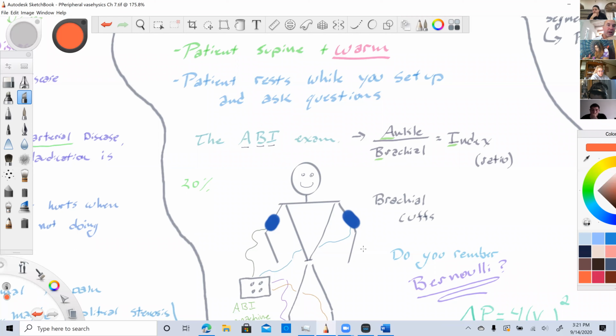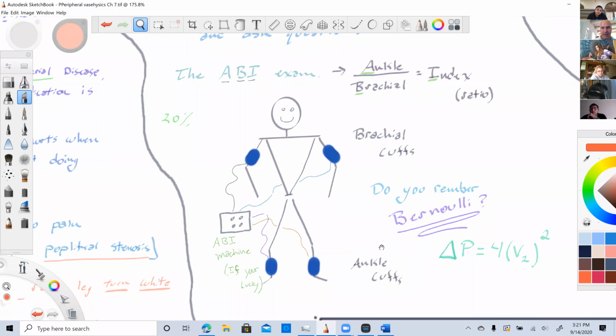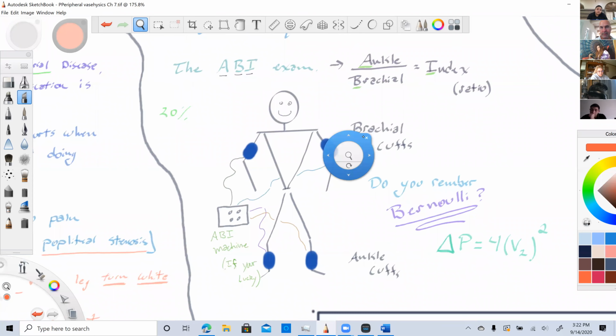Okay, so we're talking about indirect assessments. So the first one, really the easiest one, is the simple ABI. And I'm very proud of my little ABI guy here. He's just a little cross-eyed, but he'll make it. So ABI is just really simply that.